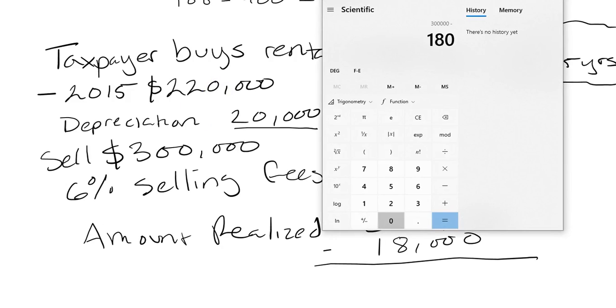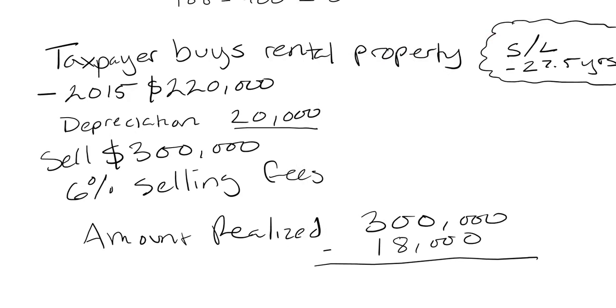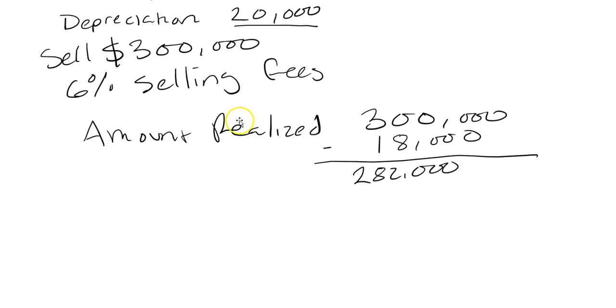We're going to use the handy dandy calculator. It's still early. So we're looking at an amount realized of 282,000. I'll bring that back over here. All right, so the amount realized here in this particular case is 282,000.